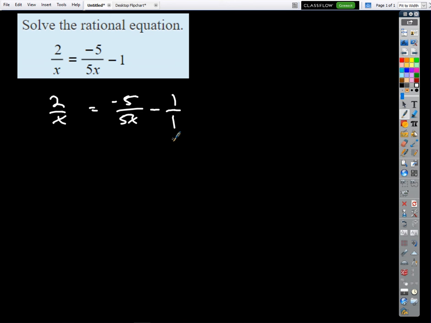What's my least common denominator? 5x. So then we can just multiply 5x through both sides to clear the fractions. Are there any values of x we have to exclude? Okay, so x equals 0.